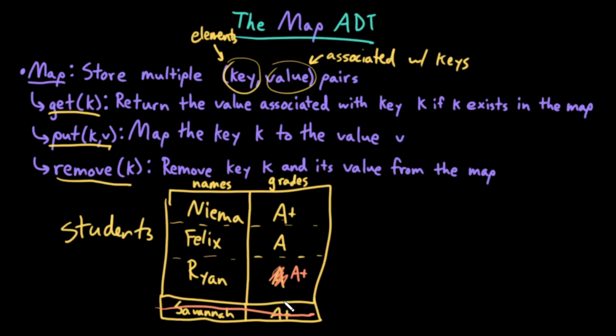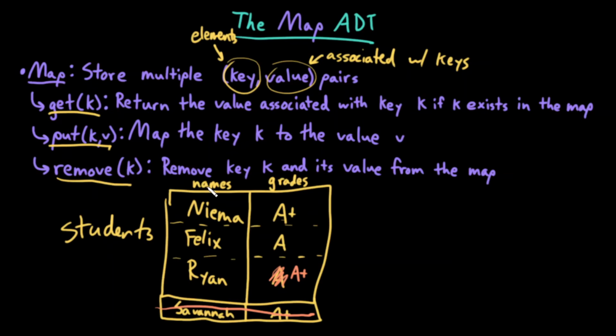If I do remove Eric, Eric doesn't exist in this map, so my remove operation would somehow let me know that it didn't succeed in removing Eric. It would either do nothing, it might crash, it might throw an error. Somehow it'll indicate that I was unable to remove. Or it could just not indicate it at all, just do nothing.